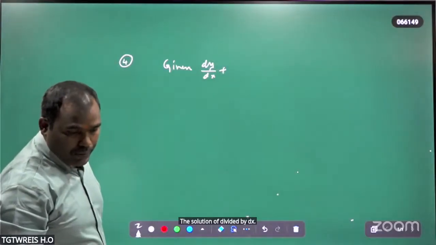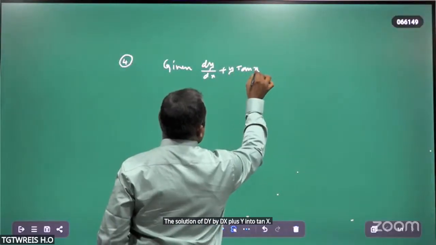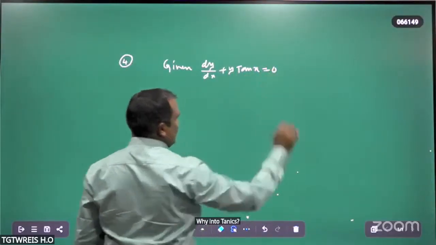The solution of dy by dx plus y into tan x equal to 0 is given.